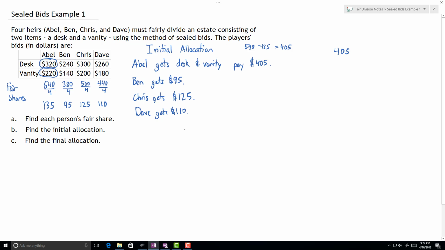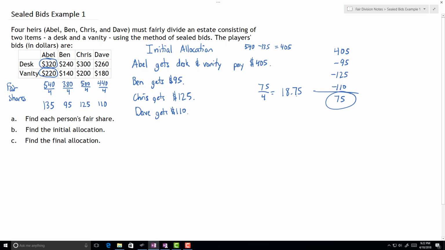Now all these fair shares, if here's our holding pile, we have to take those out. So one person's paid, and the others are all taking this money out. So we figure out how much is left in the holding pile at the end of the deal, and this is $75. That's what's left in the holding pile after the initial allocation. So we take 75 divided by 4, and we get $18.75.